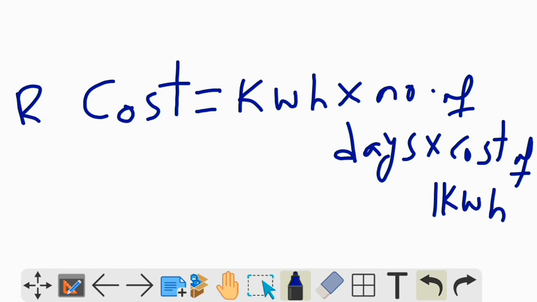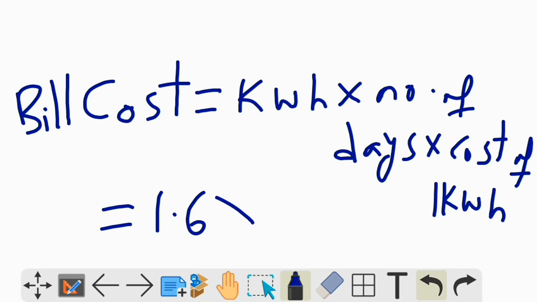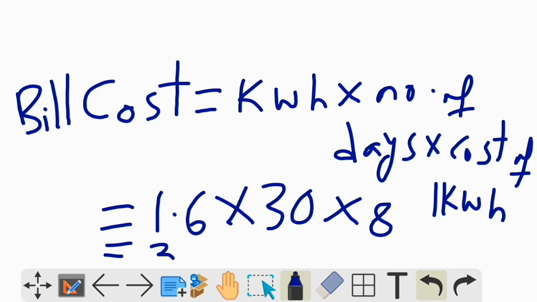Okay, so what are we finding? Bill amount, bill cost we are finding. So how do you find it? Kilowatt hour into number of days into cost of 1 kilowatt hour. So total kilowatt hours we got 1.6 into number of days 30 into 1 kilowatt hour cost they have given, 8 rupees. So if you simplify you will get 384 rupees is your bill.